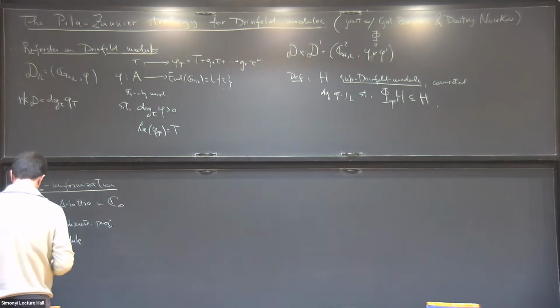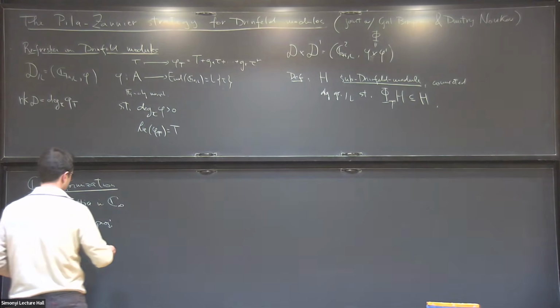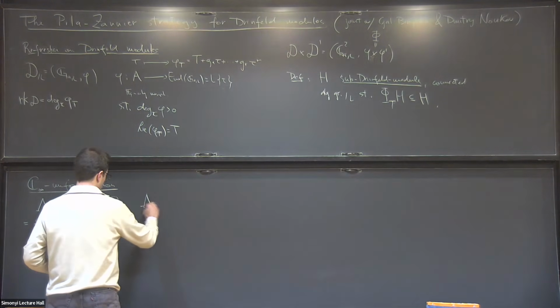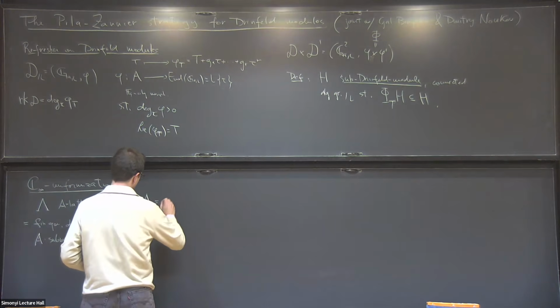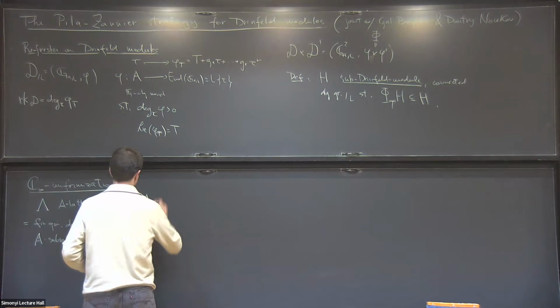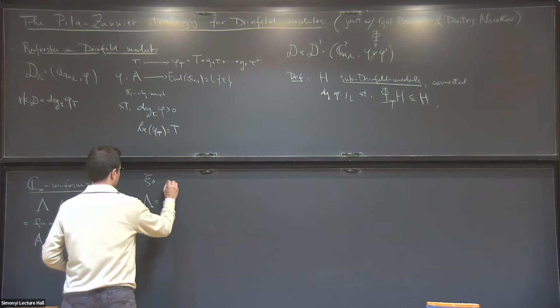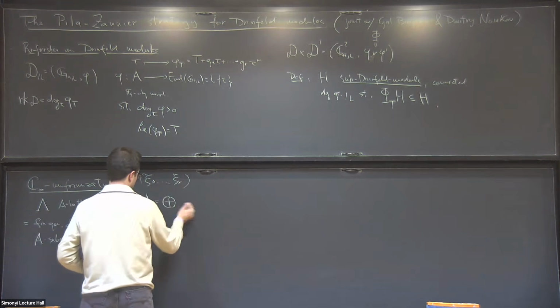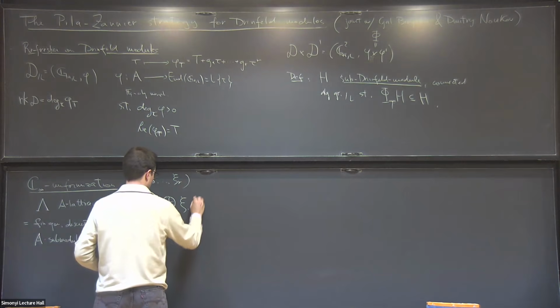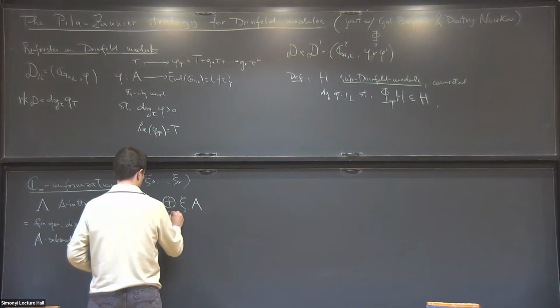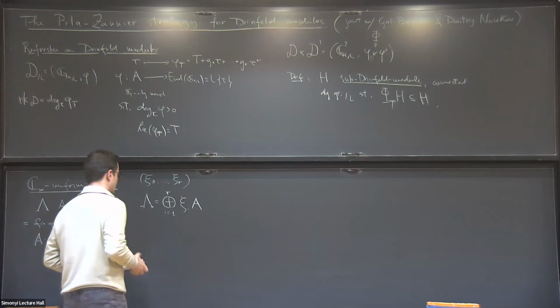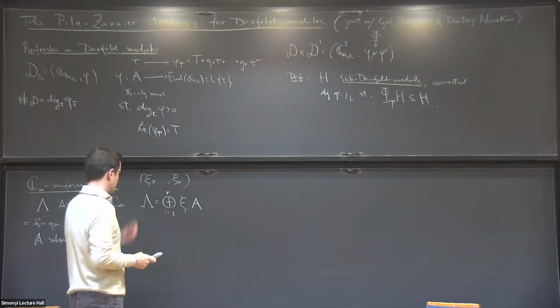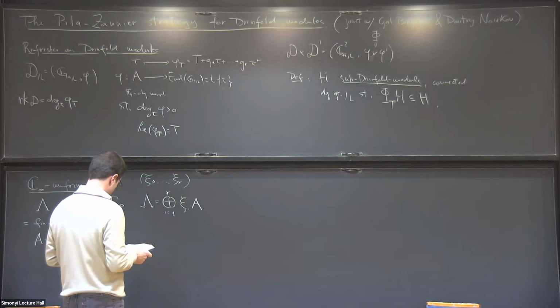Now, this can be written, fixing a basis, C1, ..., Cr, just as the direct sum of the Ci's. Okay, this can be thought of like an F-infinity basis, for instance.